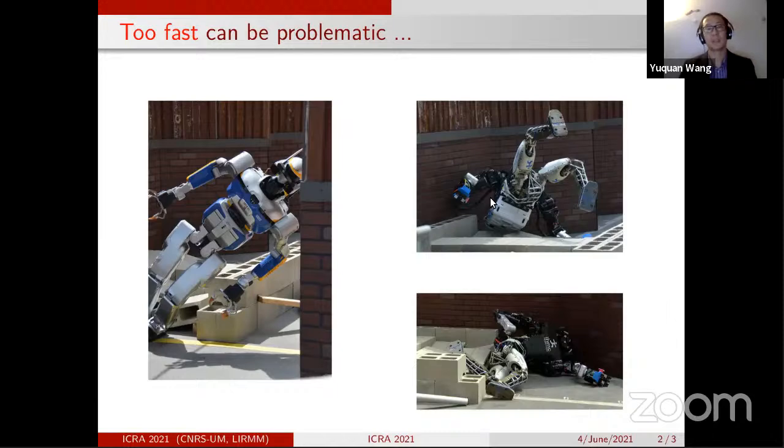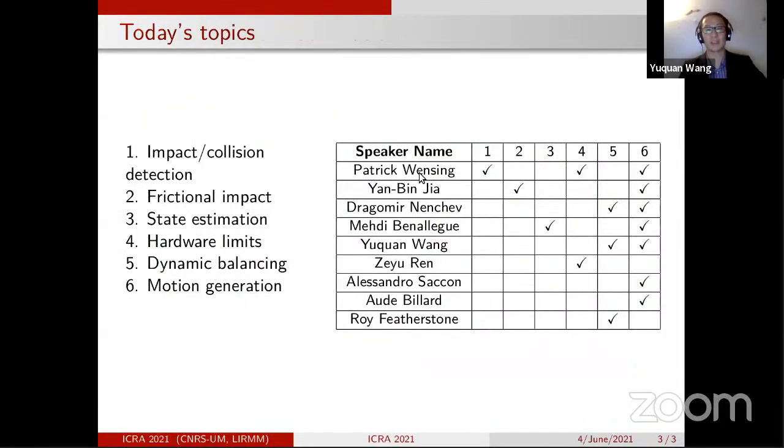We believe that our speakers today can address this issue from the following aspects. For detecting the impact of collision between the robot and the environment, Patrick Wensing is going to share his experience.